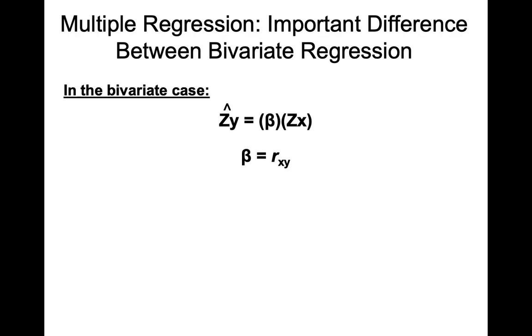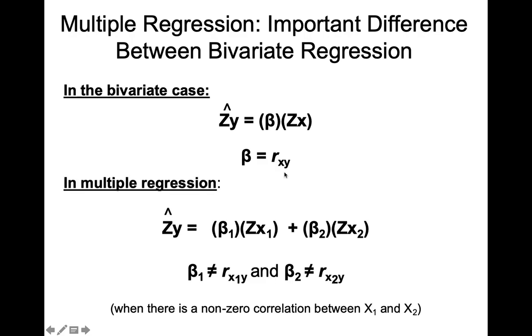Now, there is an important difference between multiple regression and bivariate regression. In the bivariate case, the beta, the standardized regression coefficient, is exactly equal to the correlation. Okay, so when predicting y from x in the bivariate case, the beta is exactly equal to the correlation between x and y. Okay, but that is not the case in multiple regression.